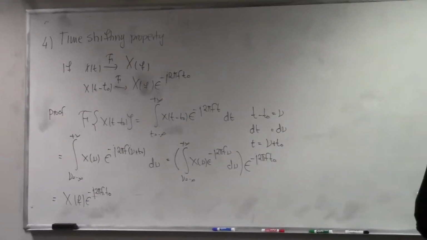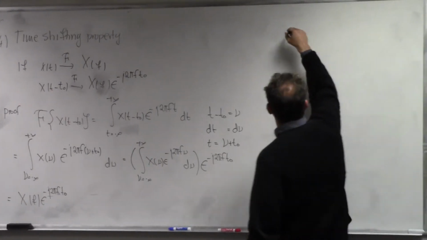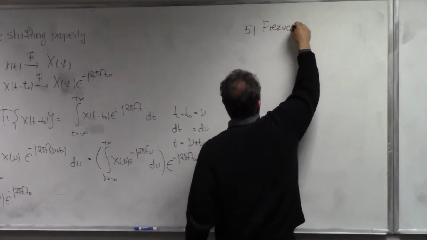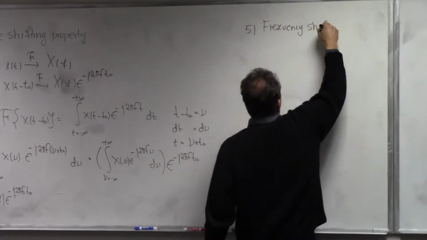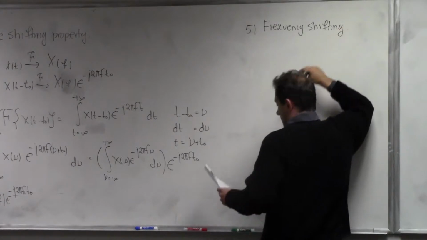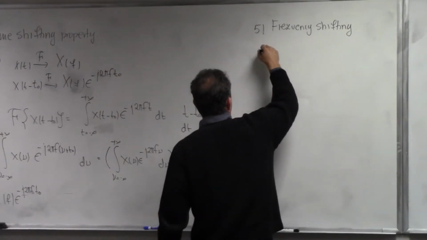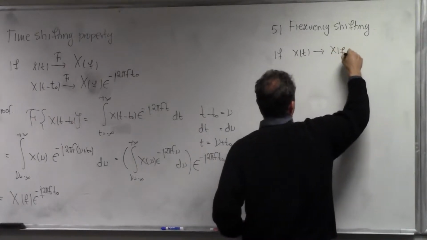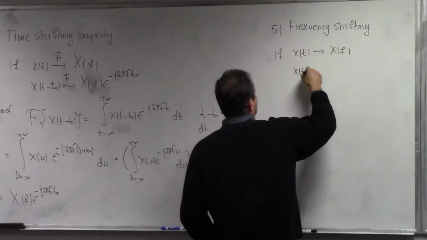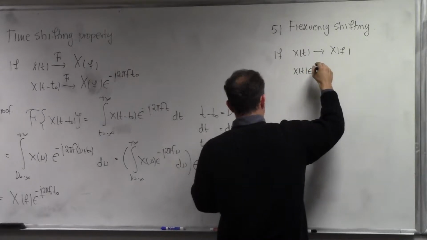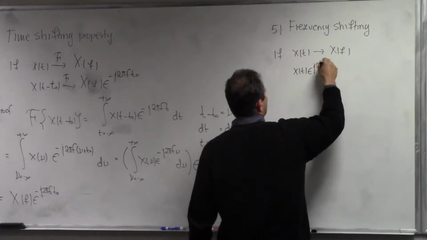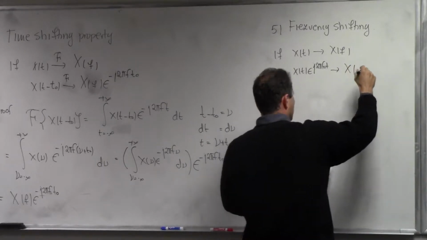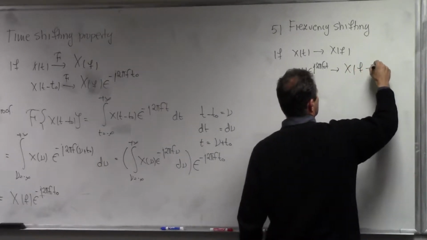Frequency shifting property, so that's number 5. This one says if x of t has a Fourier transform X of f, then x of t e to the j 2 pi f0 t has a Fourier transform X of f minus f0.